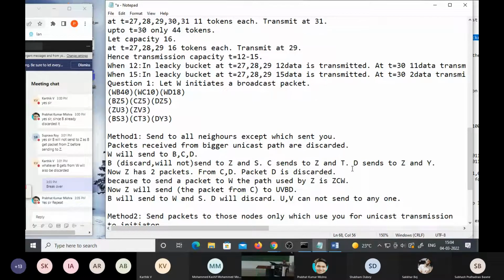The packet which B will receive from W will be discarded. Reason: to send a packet to the initial node W, B will not be using the direct W path. B will be using the path via Z. Is this all right? I have already repeated it.